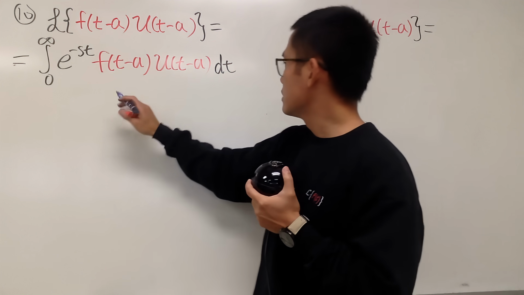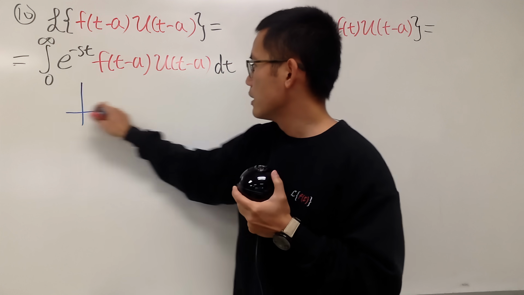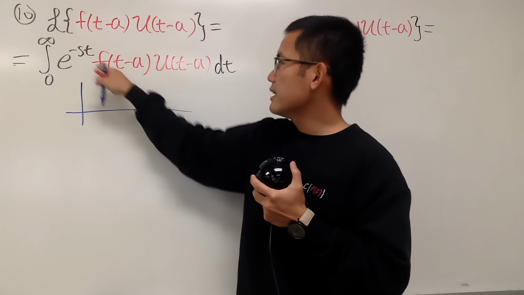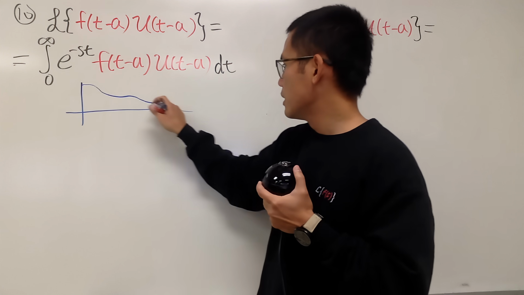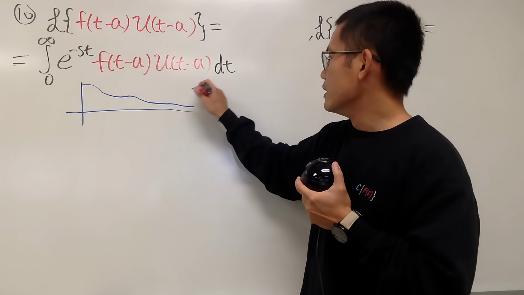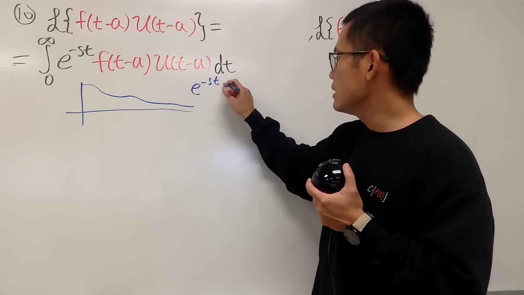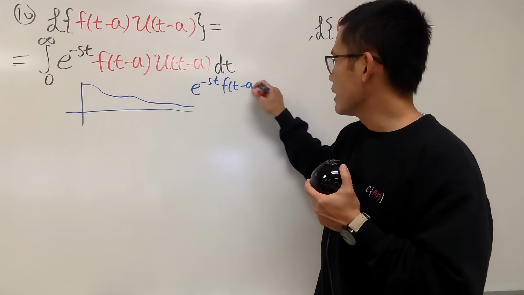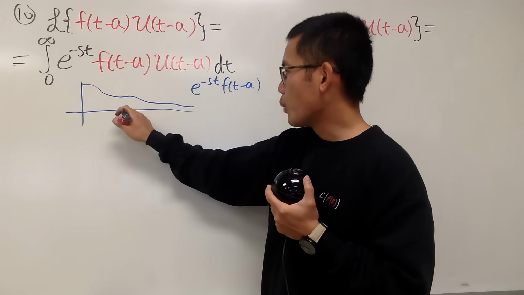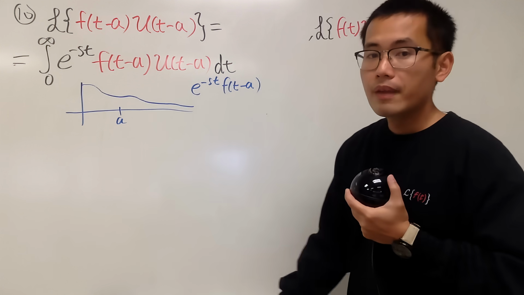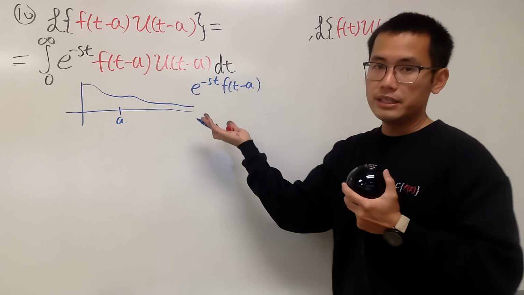So I will put this down right here. e to the negative st times that, let's say the function looks like this. I don't know though. e to the negative st f of t minus a, right? So let's say the function looks like that. And again, you have to tell me what a is. Let's say it's right there. So this is how the function looks like, just this.